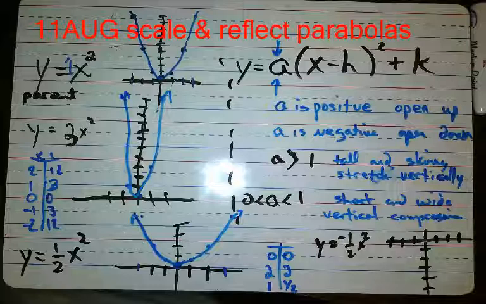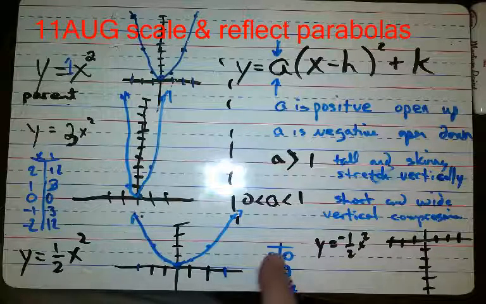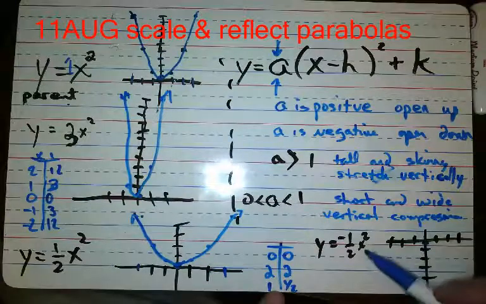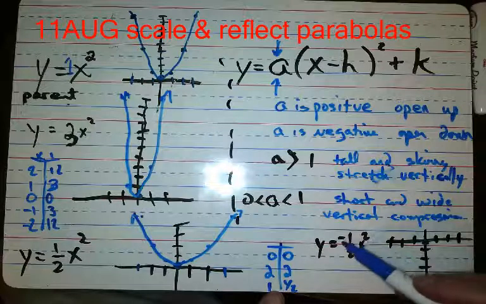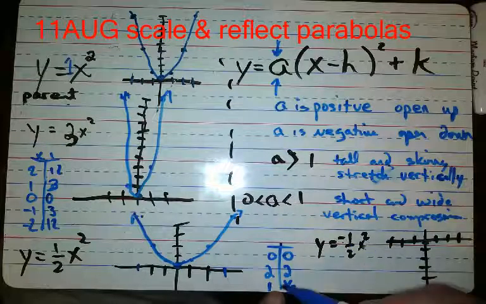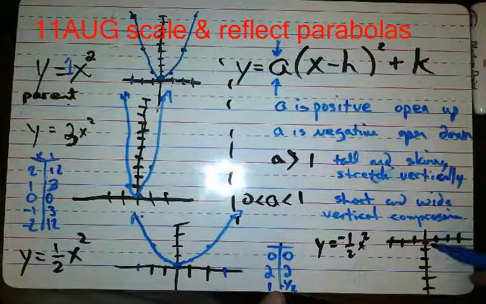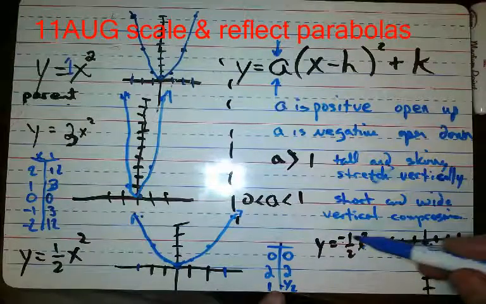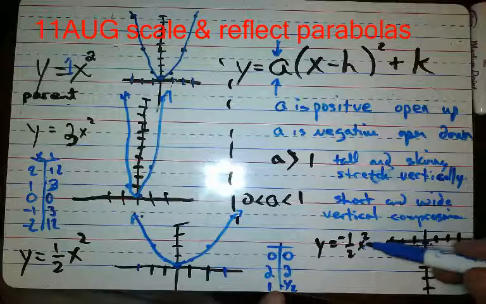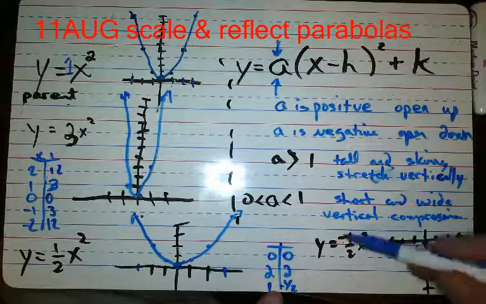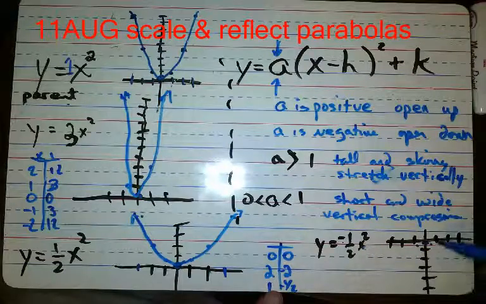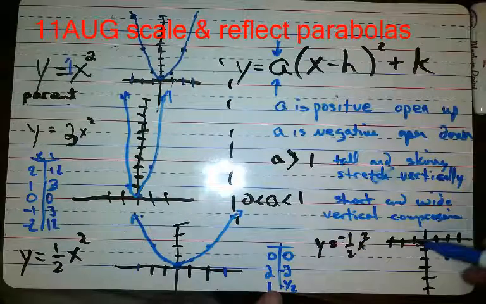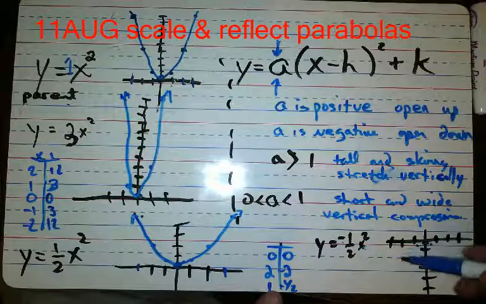And so when we put 0 in, 0 times anything is going to be 0. And if I put 1 in, 1 squared is 1, negative is going to be negative 1. So my point is right here. 2 in, 4 times negative a half is negative 2. So that would be over 2, down 2.